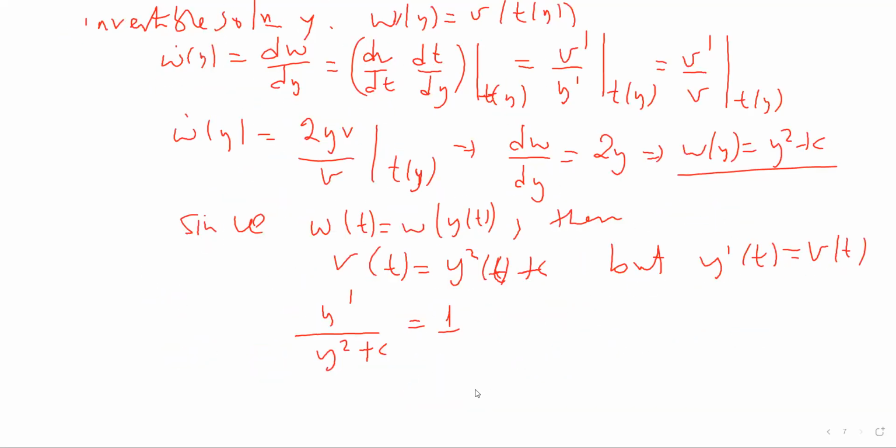Okay. So now the next step is to solve for y when we have such an equation. Of course, here we can decide to leave the c constant to be there, then just play around with it. But we just want to see how this whole function behaves. And since it's a constant, we can rewrite this as dy over y squared plus 1 is equal to dt in this form. And then what we need to do is to find the integral.